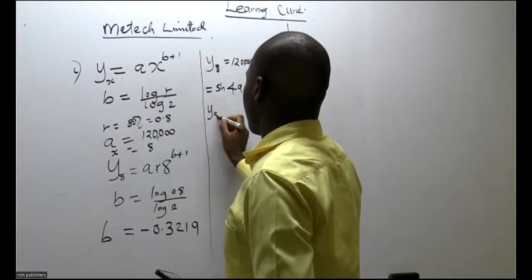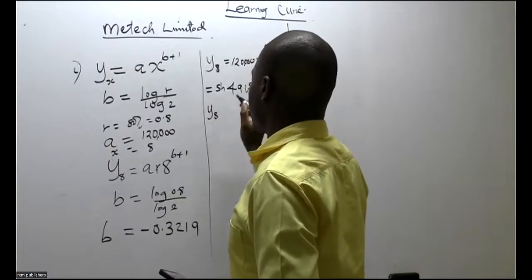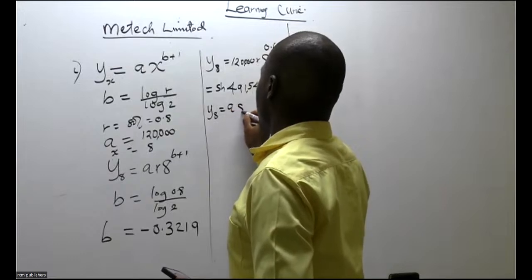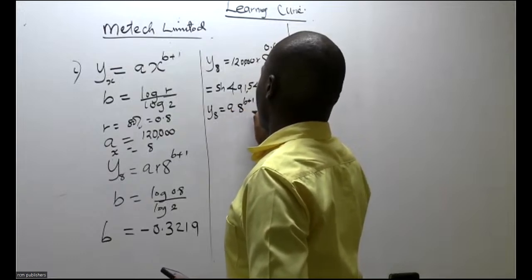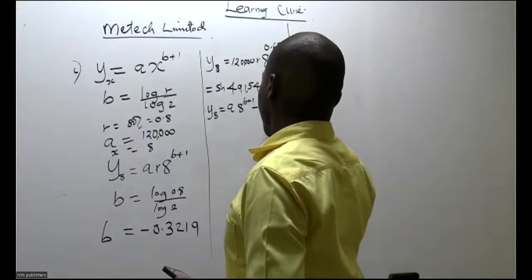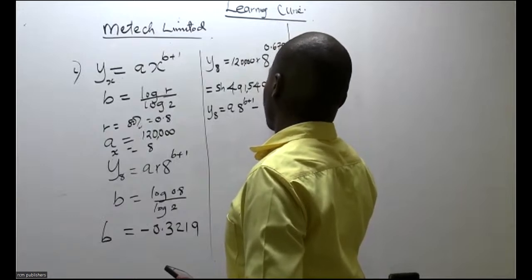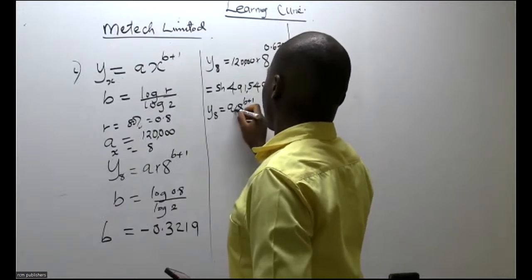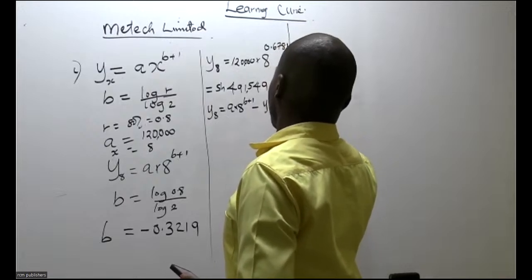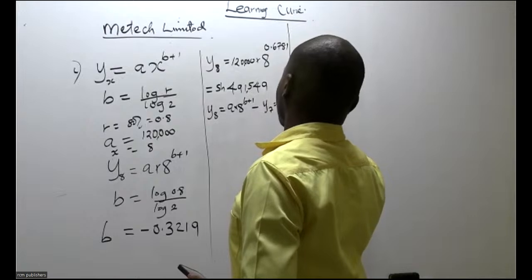You tell us that for us to know the cost of producing the 8th batch, it will be y of the first 8 batches, which is equivalent to a times 8 raised to power b plus 1, less y at 7, which is equal to a times 7 raised to power b plus 1.